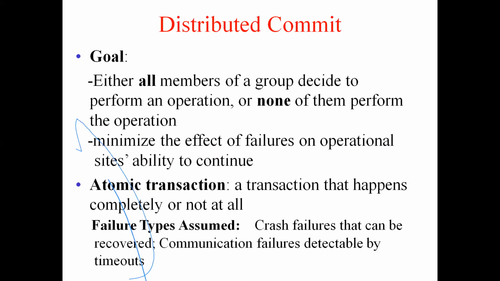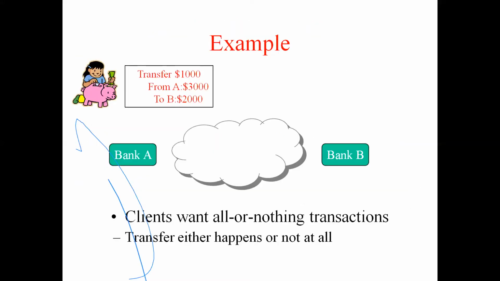So let's say, before coming here, we have this transaction of transferring $1,000 from A. A's total is 3,000 and it has to go to B, which has 2,000. My transfer should either happen or not at all. That is the meaning of transaction.